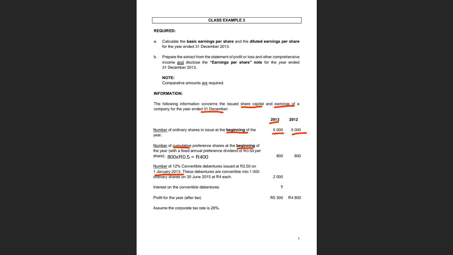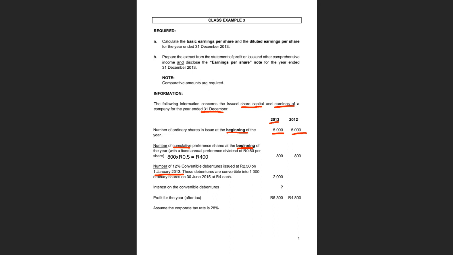Remember, when we have convertible instruments that are issued or converted in the current year or the prior year under review, then we have to weight it for the part of the year that it was either in issue or converted. Because when we're dealing with dilutive shares, we only want it to be dilutive for that period between issue and conversion.